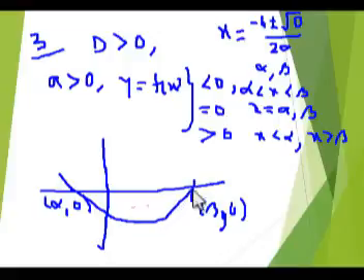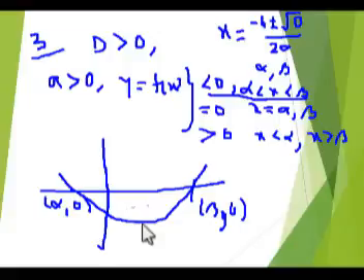As you can look at this, f(x) is less than 0 when x belongs to alpha to beta, and for x less than alpha or greater than beta, it is greater than 0, so it will be upward in the other portion.